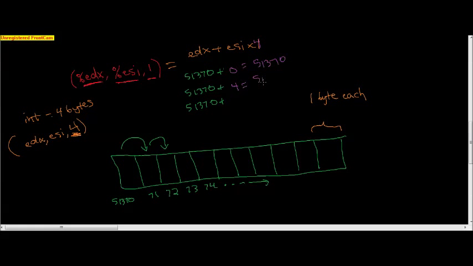This will be 51374. So 0, 1, 2, 3, 4. Right? So this would be the address of the next element if we were dealing with ints. Right? This would be 4 bytes, and this would be element 0. And this would be the next 4 bytes, and this would be element 1. Right? And so on and so forth. So realize that this is extremely important because it tells you how many addresses you're hopping at one time every time you increment ESI.